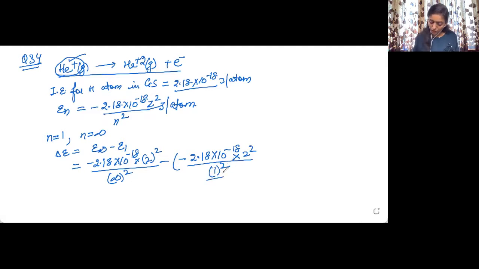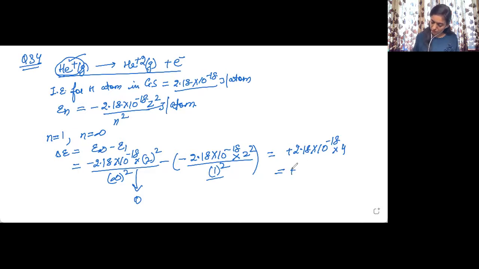So here this value is going to be equal to 0. So this will be equal to minus 2.18 × 10^-18 multiplied by 4, which is 8.72 × 10^-18.